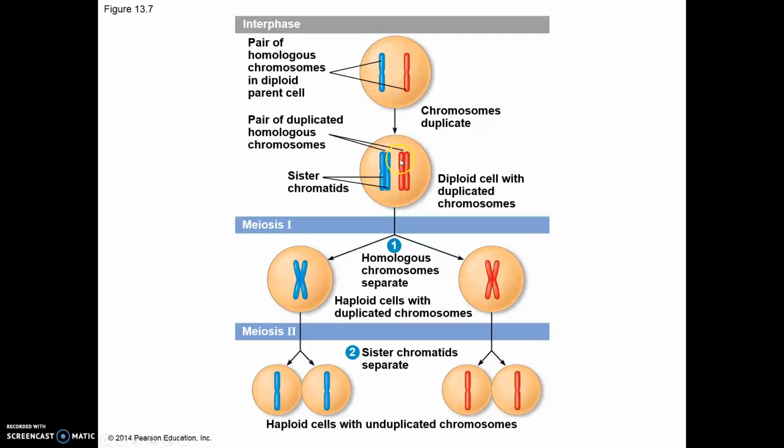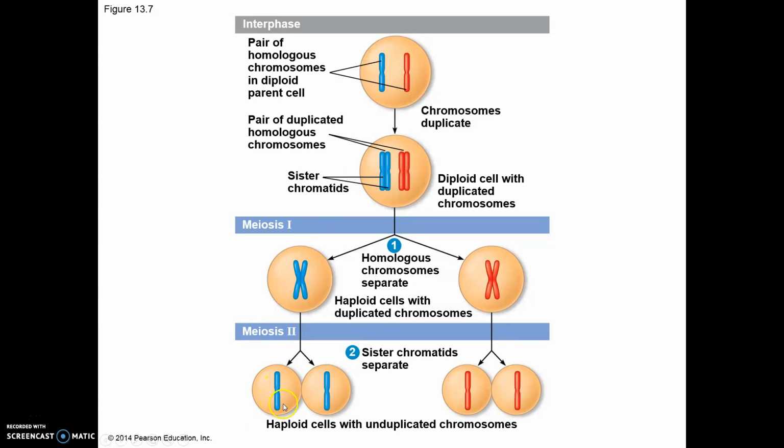In meiosis, we will go through a round of cell division, which will separate that, producing a cell that now has only 2N, but then we will go through a second division that will reduce it to only 1N. So here we have 1N, or 1 copy of chromosome 1 from dad, 1 copy of chromosome 1 from mom.